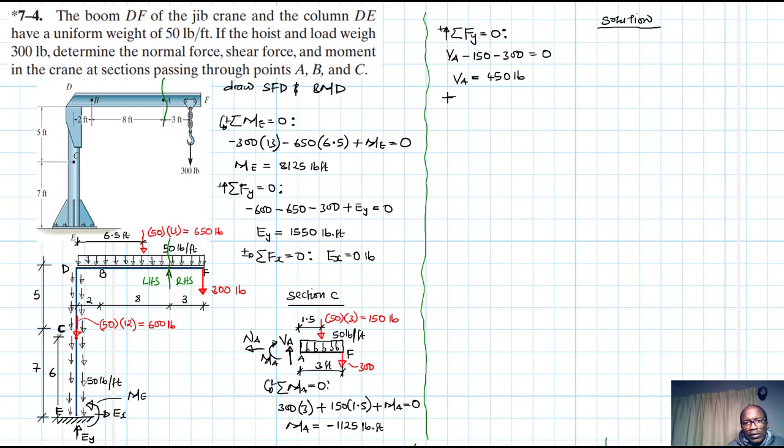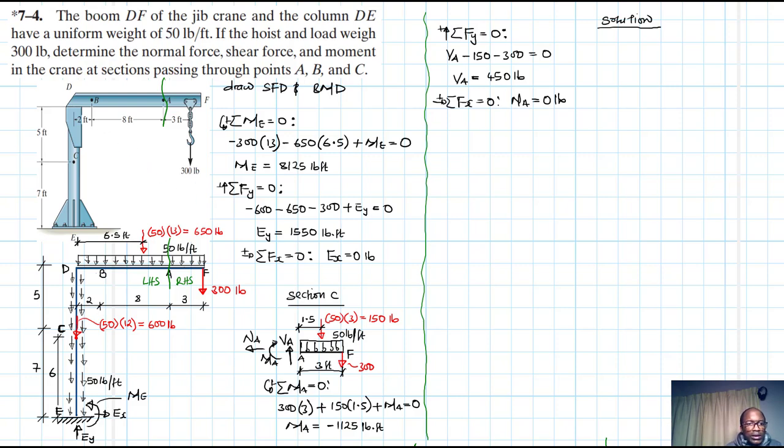And then we have summation of forces in the x direction. Do we have anything in that direction? Therefore, our NA is just going to be equal to 0 pounds. So we are done with our first section.